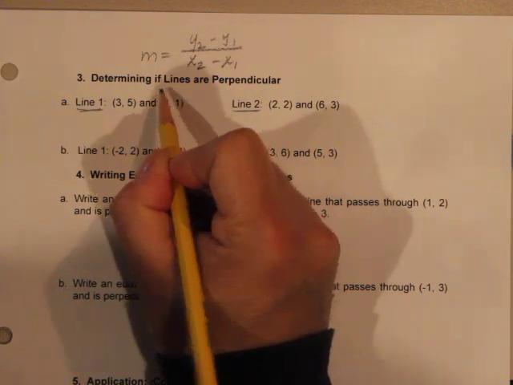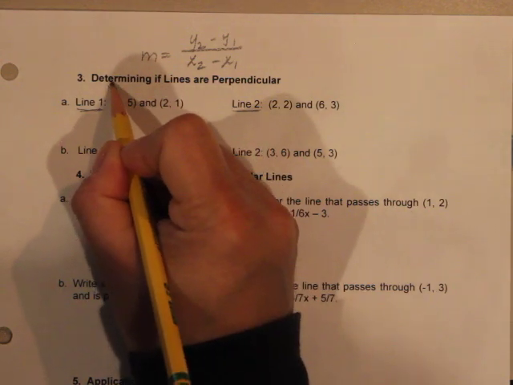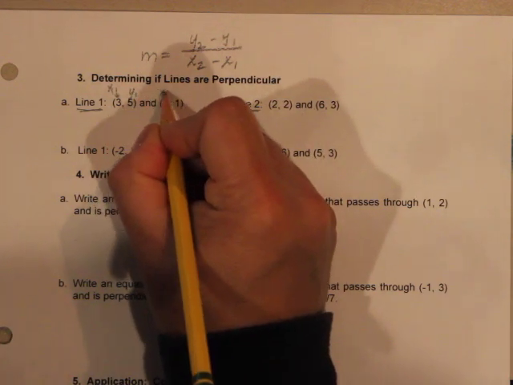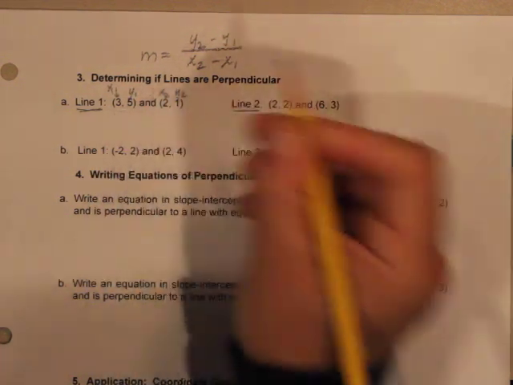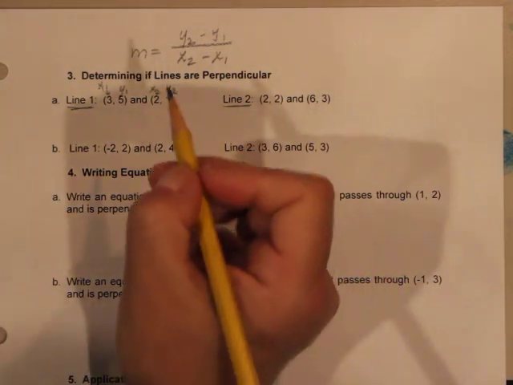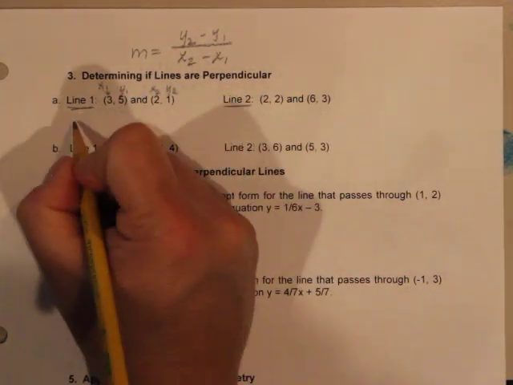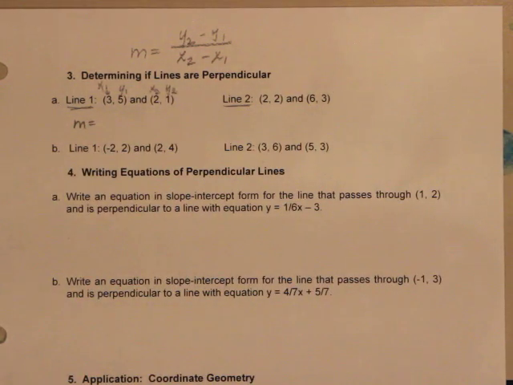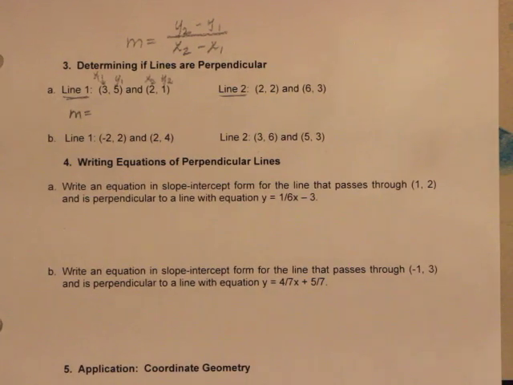So I'm going to call this x1, I'm going to call this y1, I'm going to call this x2, and this y2. And I'm going to get a new pencil because my pencil's getting a bit dull. Let's determine the slope. Slope is equal to, in fact, I think I'm going to put something underneath here again so I have a smoother writing surface.